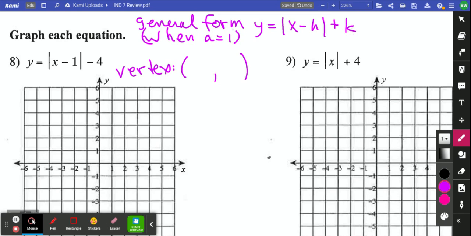Okay, so we want to know that h. Oh, and the vertex, sorry, I need to write that down too. The vertex is h comma k. Okay, when we're in that general form. So we want to look, what is h in ours? Okay, h is the number right there because ours matches the general form exactly.